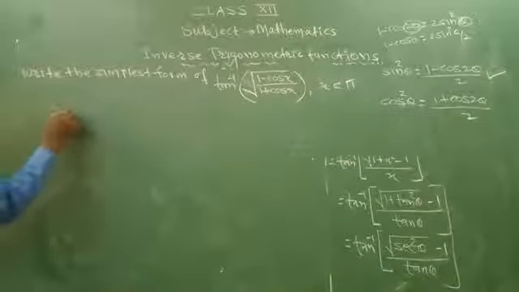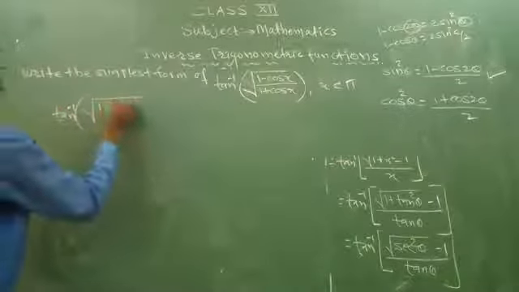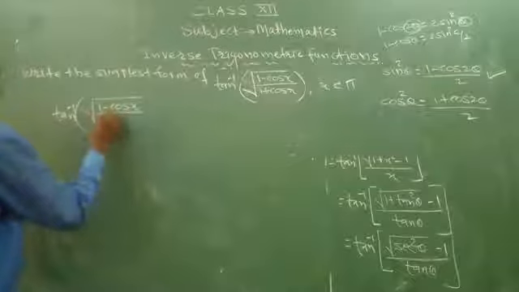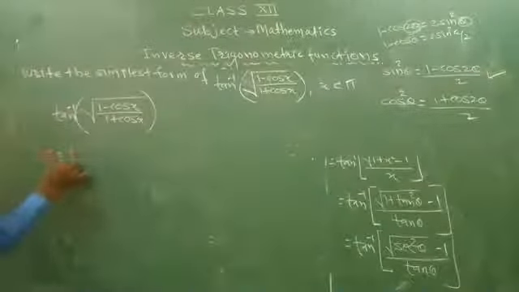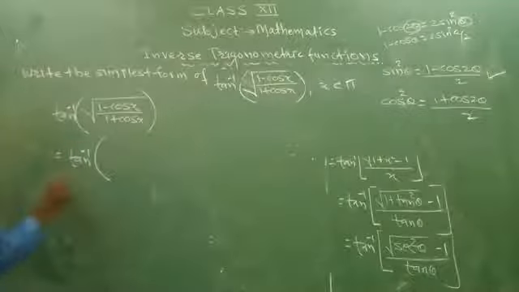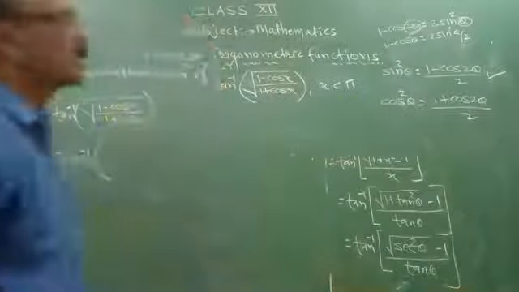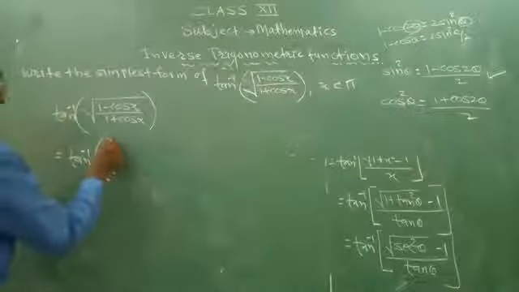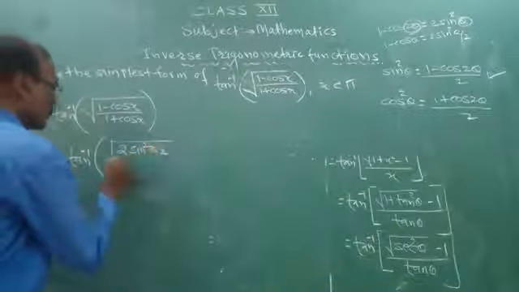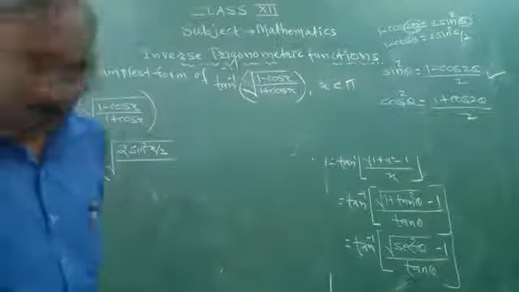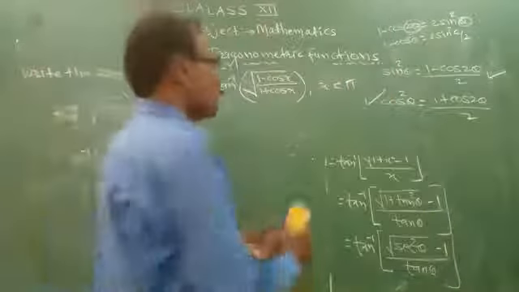So tan inverse under root (1 minus cos x) upon (1 plus cos x) is equal to tan inverse of: 1 minus cos x is 2 sin square x by 2, so under root 2 sin square x by 2. For 1 plus cos x, again there is another formula, cos square theta equals (1 plus cos 2 theta) upon 2.